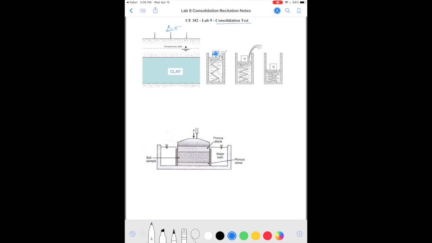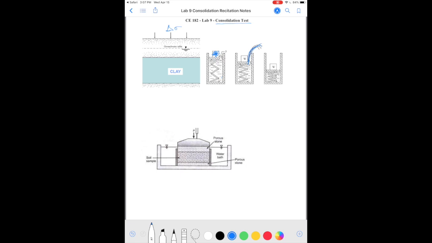So as soon as we apply the load, it is taken by the water because the water cannot escape that quickly. And then with time, the water slowly drains out, and in reaction to the applied load, the soil settles.